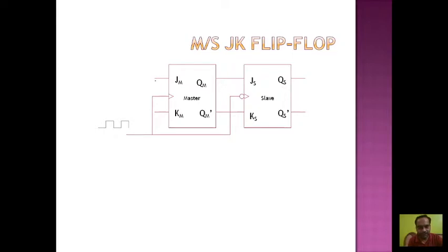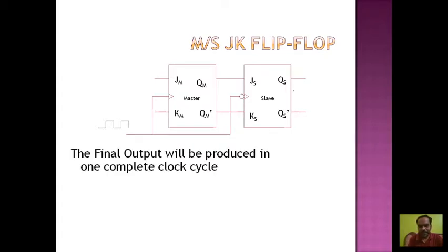So as a whole, the input will be started at the positive edge, and the final output will be provided at the negative edge. So it can be said that the master slave JK flip-flop consumes a full clock cycle to produce the output, because positive and negative both edges are being utilized.